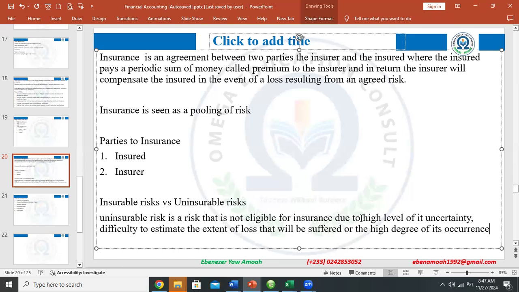Now, examples of uninsurable risk. I think last time we listed some. Ella, can you tell us some of them? Is it like the example I gave, something closer to that?